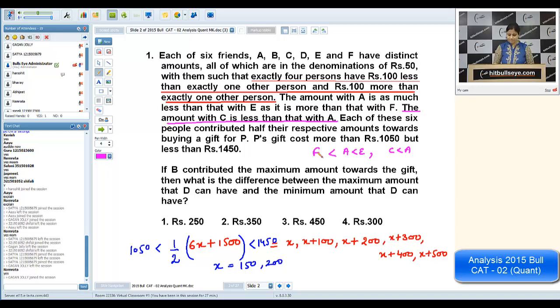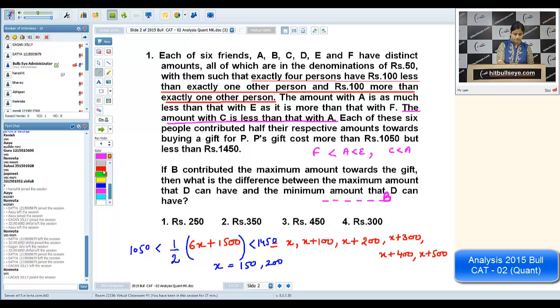If B contributed the maximum amount, there are 6 persons. I am considering B here. Since B is contributing the maximum amount, then what is the difference between the maximum amount that D can have and the minimum amount that D can have?